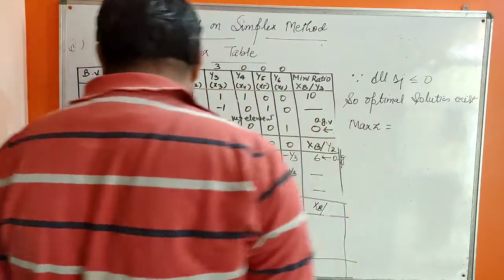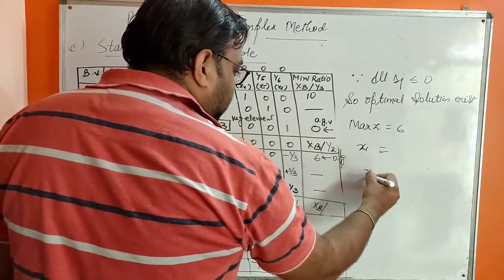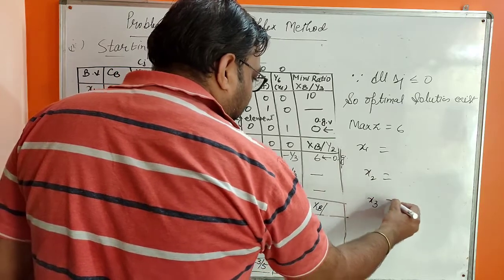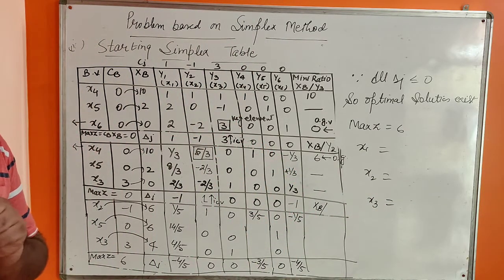and the maximum z is equal to 6. Now since there are only 3 variables in the original problem, that is x1, x2, x3, and x4, x5, x6 arise only to solve this particular problem, there is no need to write the value of the supplementary variables, that is x4, x5, x6.